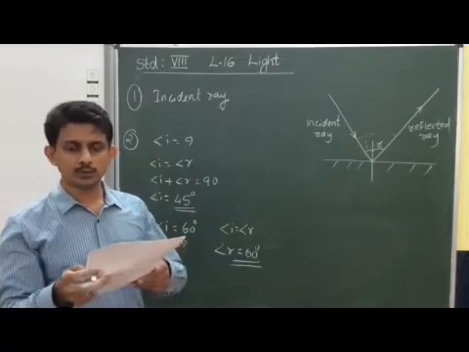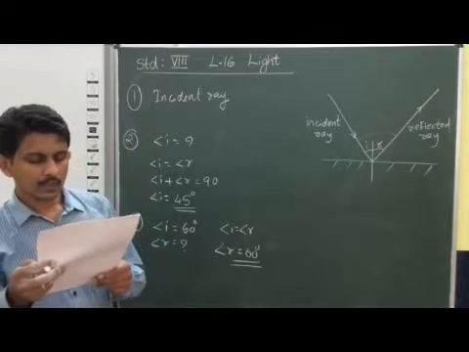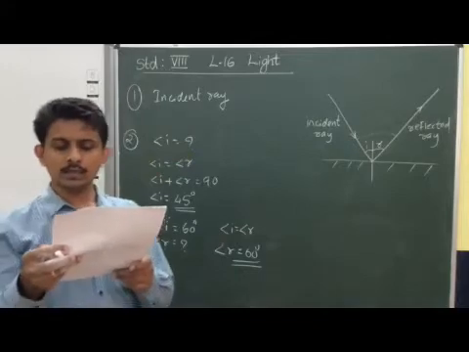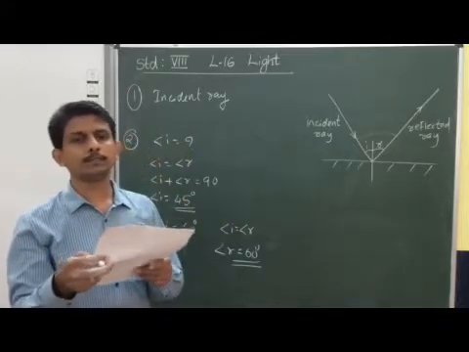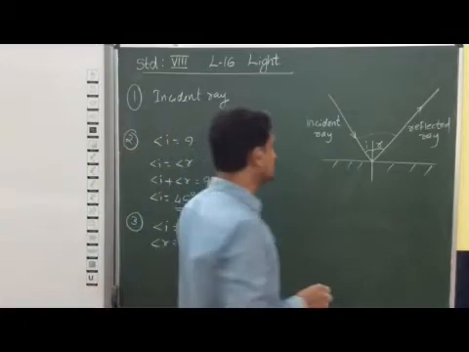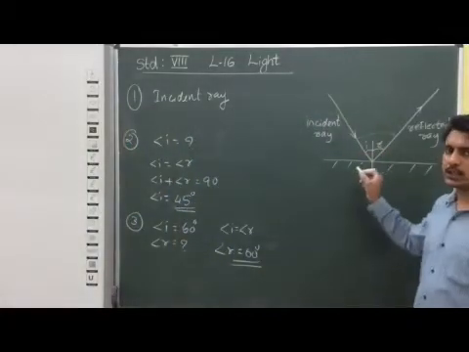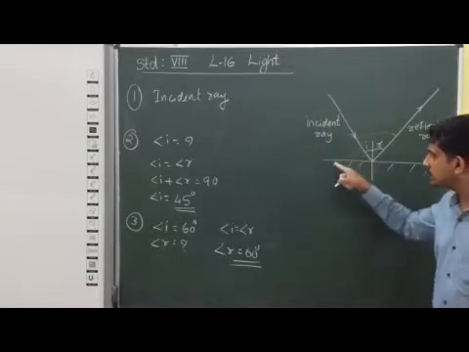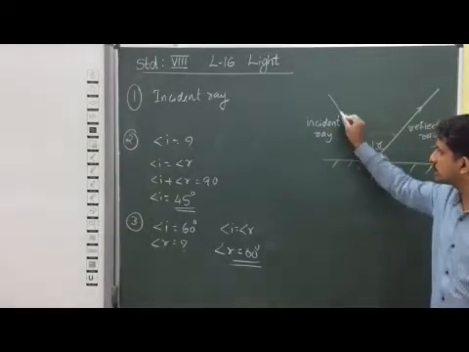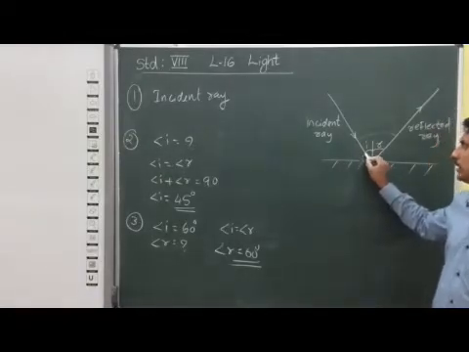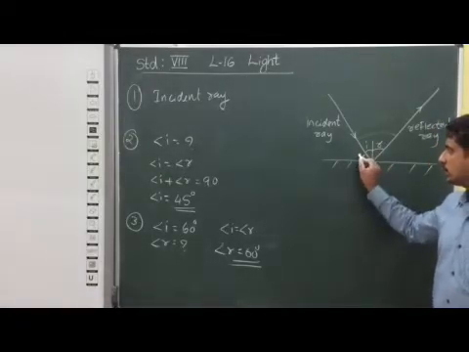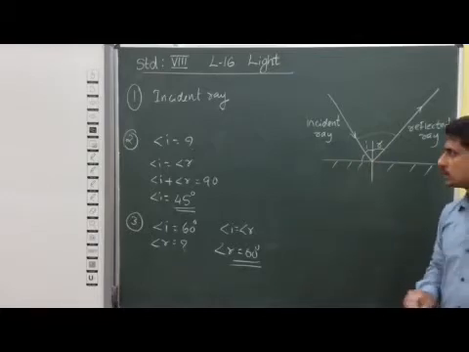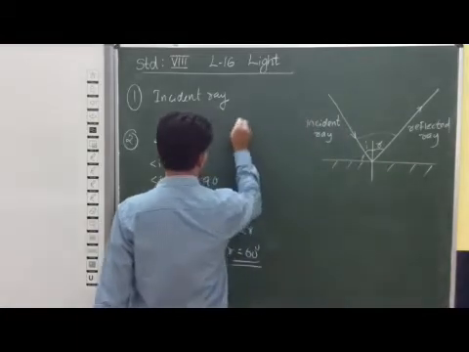According to this statement, the angle in which the incident ray makes with the mirror is known as the angle of incidence. We know this statement is wrong. So for question number 4, this is false.